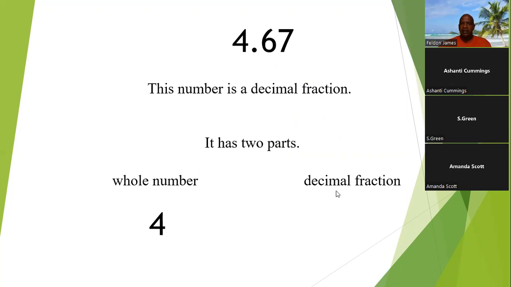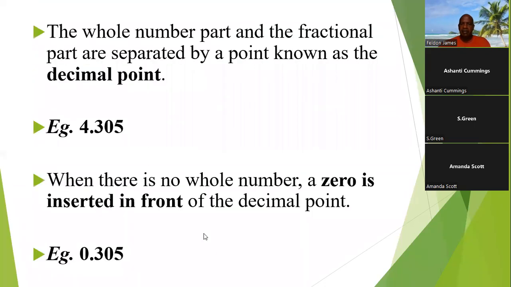When we look at this number 4.67, we see that it has 2 parts, the whole number part and the decimal part, which gives you the fractional part. The whole number part and the fractional part are separated by a point known as the decimal point. Now, here we have 4.305.